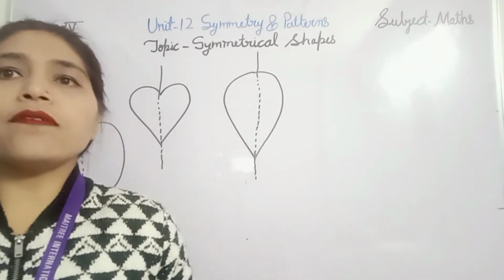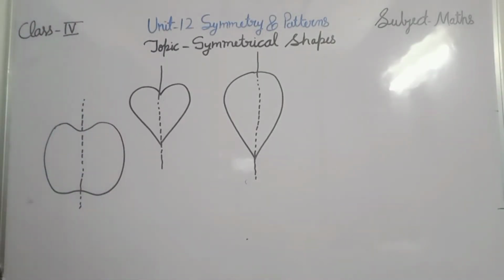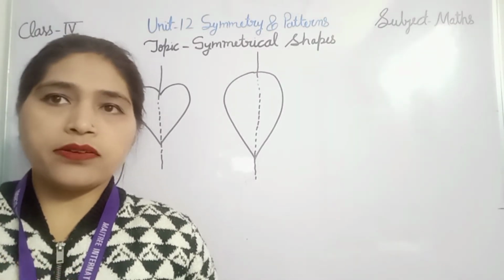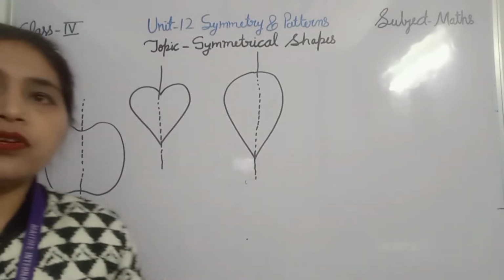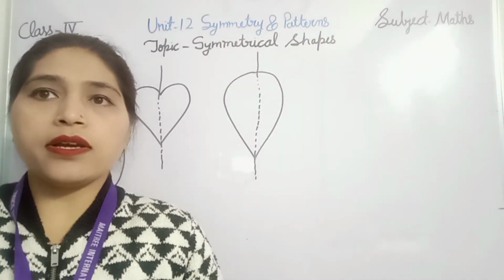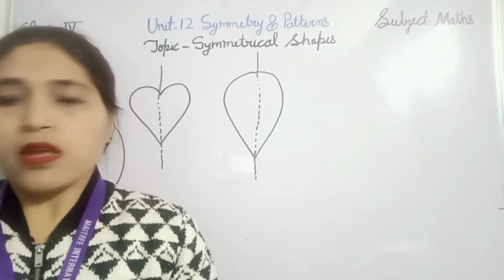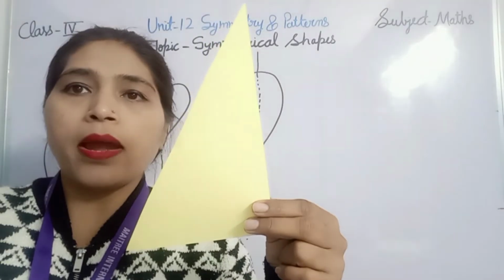The opposite of a symmetrical shape is a non-symmetrical shape, or you can say asymmetrical. Asymmetrical and non-symmetrical are both similar words. What are asymmetrical shapes? If you fold the shape, you will get different parts. Like this, I have one triangle in my hand.